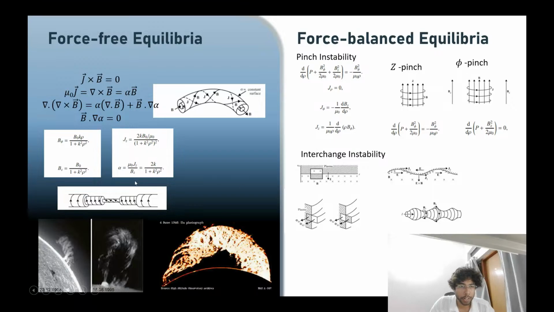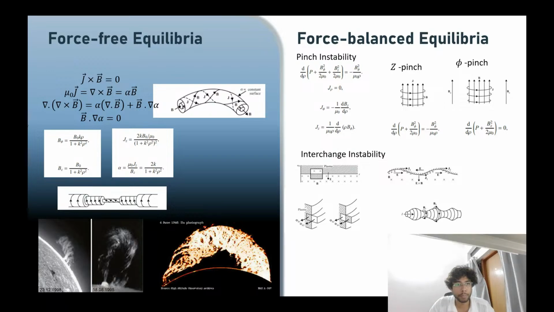Let's look at an example. Here we consider this magnetic field configuration, B phi and B z, like this. This states that we have a magnetic field along the z-axis. Rho here is not the density, it is the radius in cylindrical coordinates, so let's not confuse that with density.